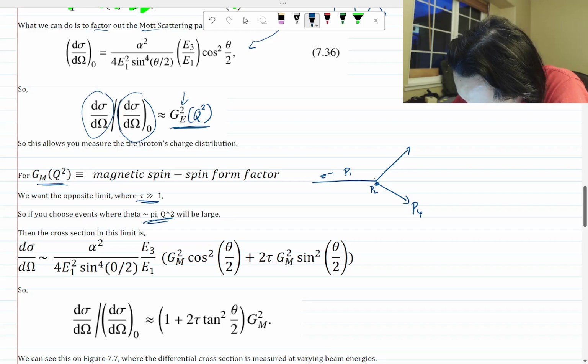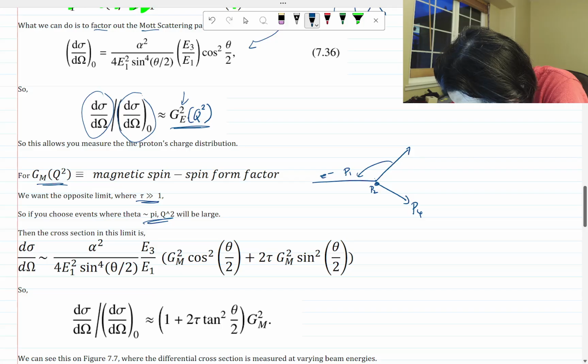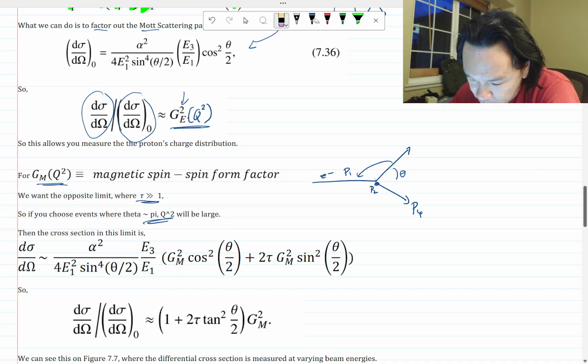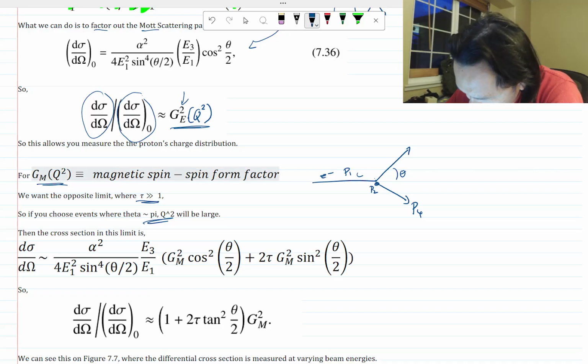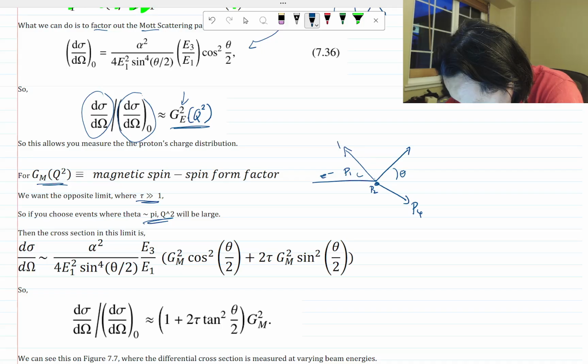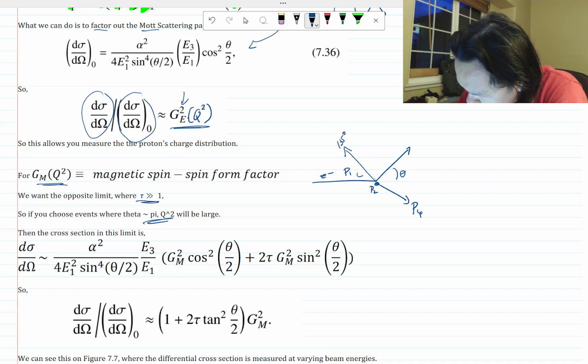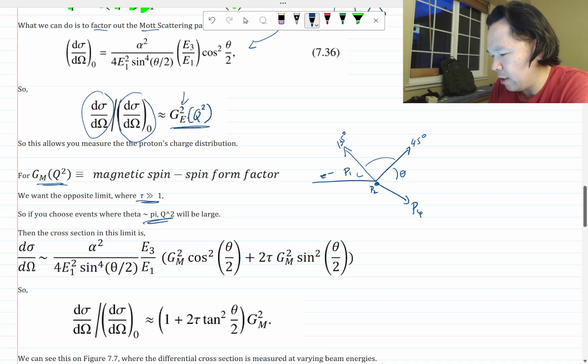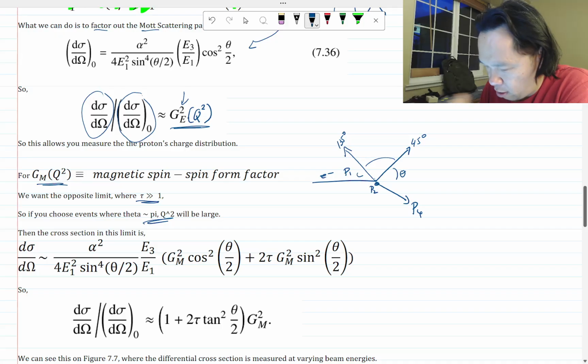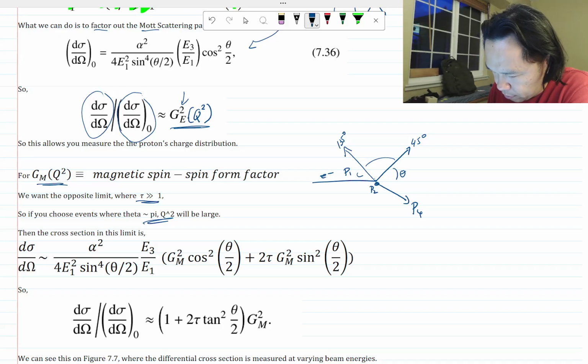So somewhere between that, and even up to 180 degrees. You're not going to get many events at 180, but you're going to get some events up to like 135 degrees, so somewhere between 45 to 135 degrees. So these are going to have a large Q square.